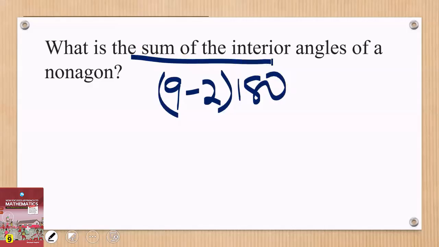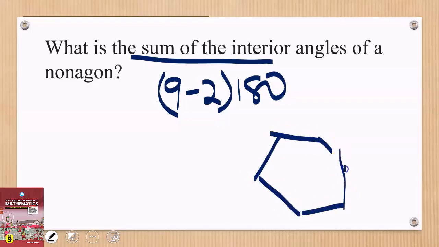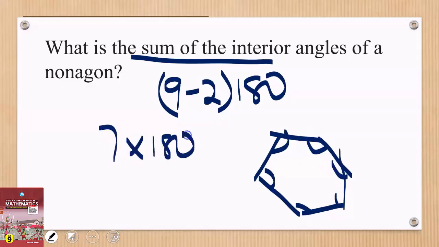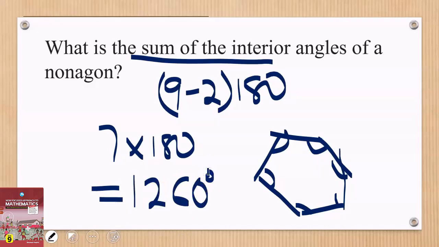Remember that interior angles are the angles inside a polygon, like this and that. They are all interior angles. So for now, we get 7 times 180, and 7 times 180 gives us 1260 degrees. That is the sum of the interior angles.